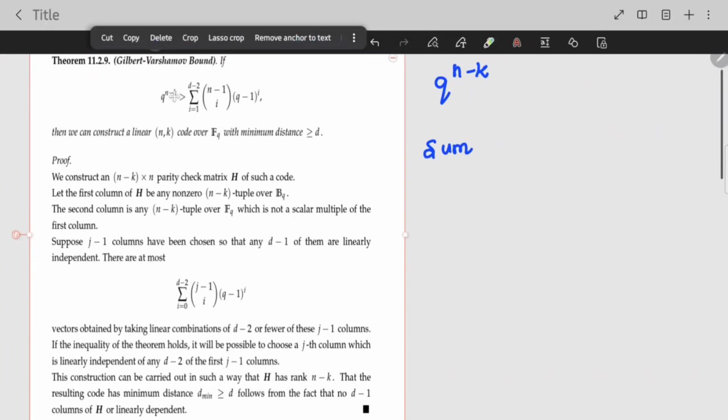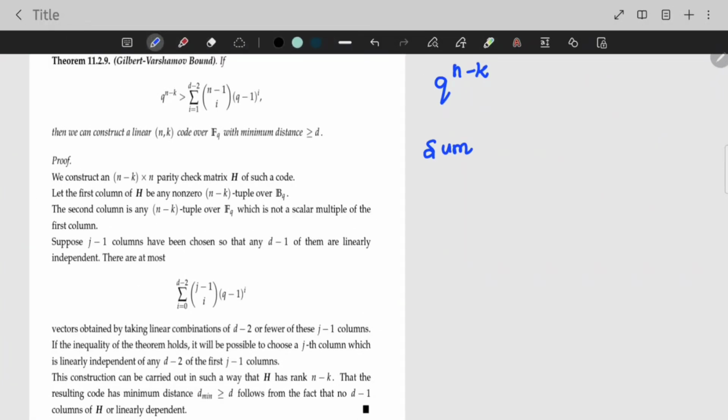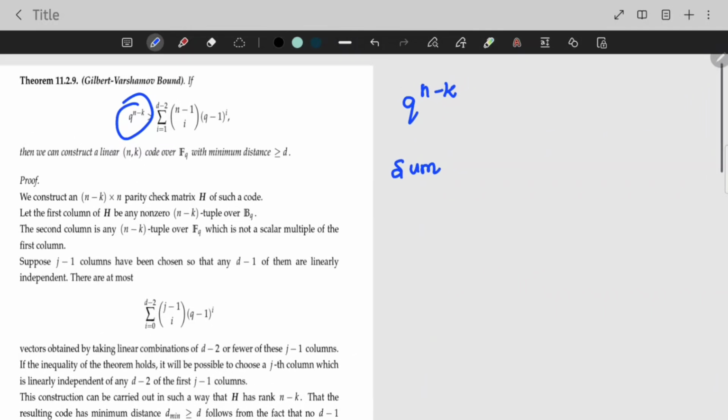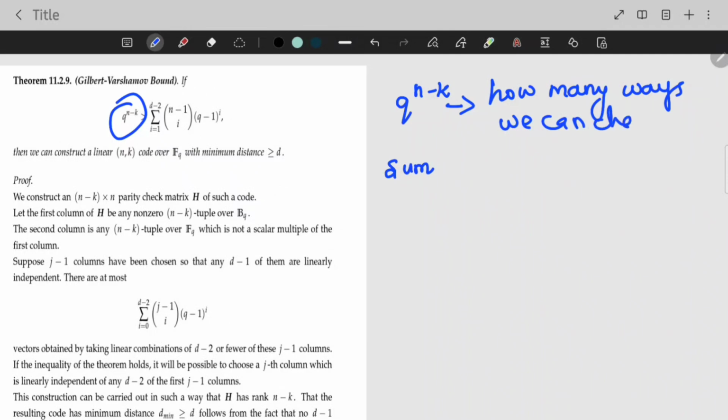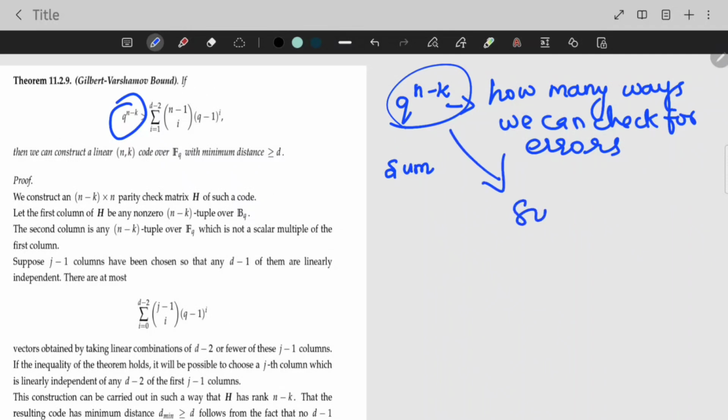where q to the power n minus k is how many ways we can check for errors. These are called syndromes.